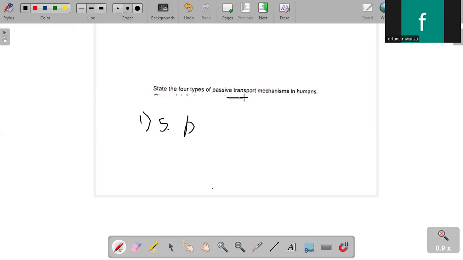When we are talking about simple diffusion, we are talking about molecules which are lipid soluble, molecules that are not charged. Most of the molecules which are not charged are lipid soluble. We're talking about small molecules like your oxygen and your carbon dioxide.